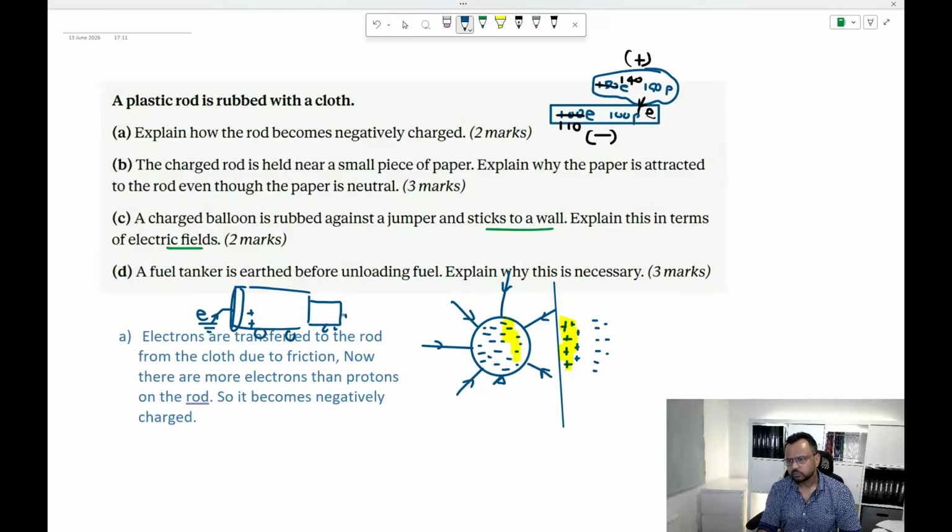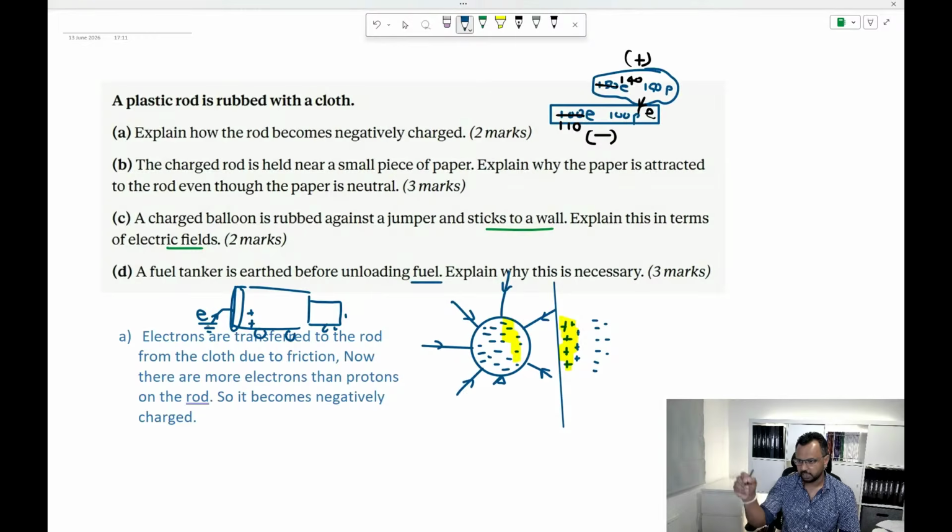Now, why is this necessary? Because the fuel is very flammable. So, if a spark occurs during this, due to these charges, it can lead to an explosion. So we don't need any explosion, obviously. So what we do is it is connected to the Earth.